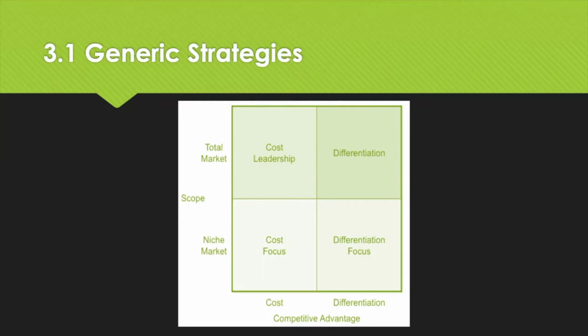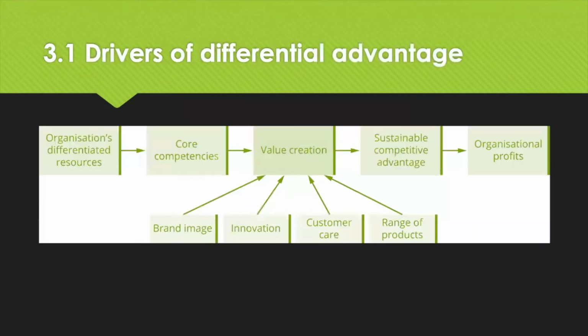With cost focus, businesses seek to lower the cost advantage in just one or a small number of market segments. In the differentiation focus strategy, your business will aim to differentiate with just one or a small number of target market segments. But with differentiation leadership, the business targets much wider markets and aims to achieve competitive advantage through differentiation across the whole industry.